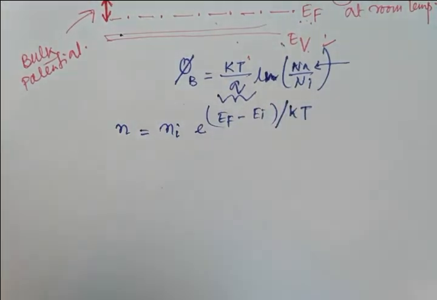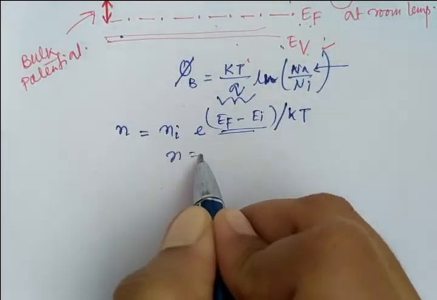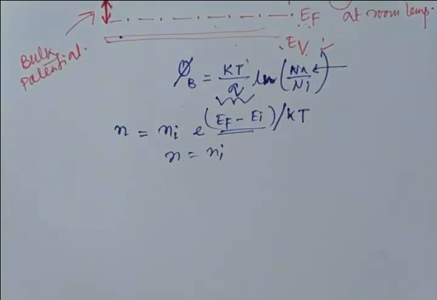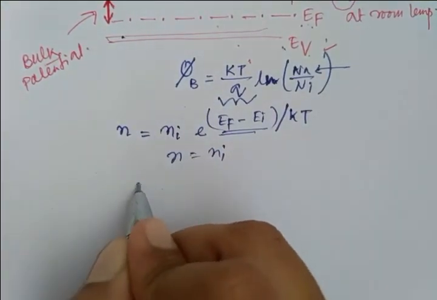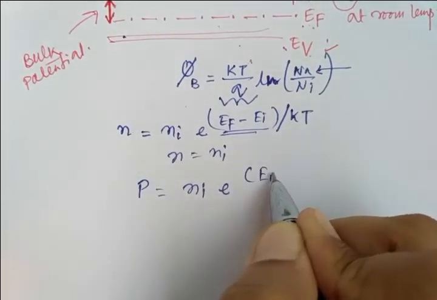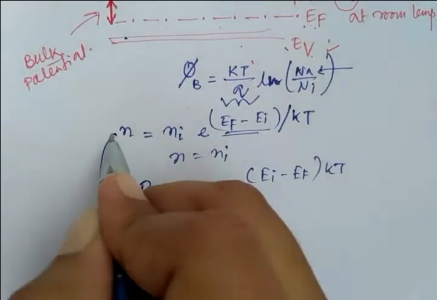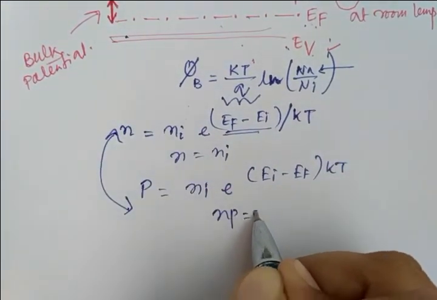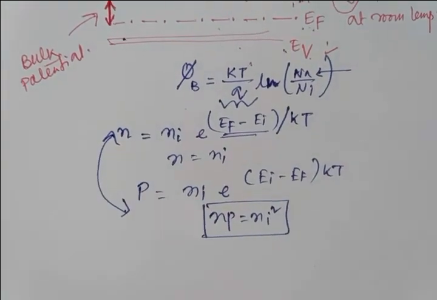Whenever EF equals EI, then n equals ni, right? And p equals ni e to the power (EI minus EF) divided by kT. By using these two formulas, we can easily relate that np equals ni squared. These are basic formulas that are needed.